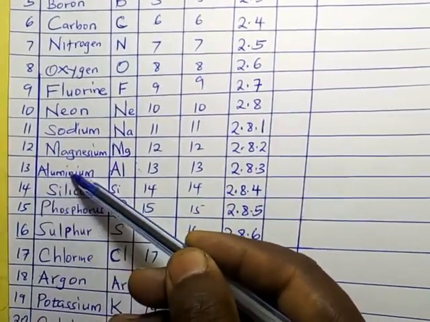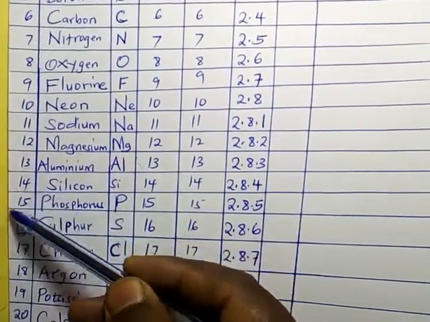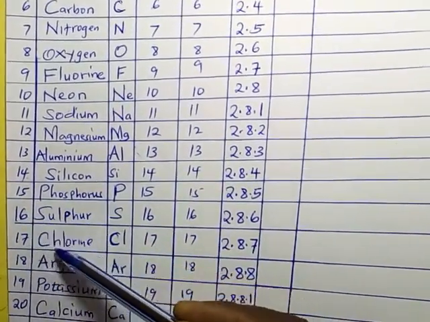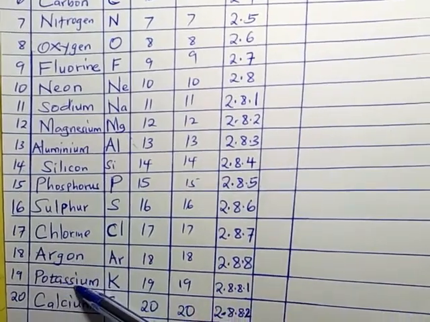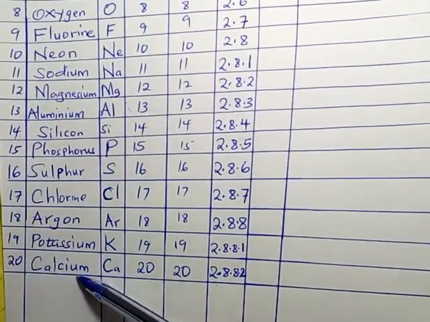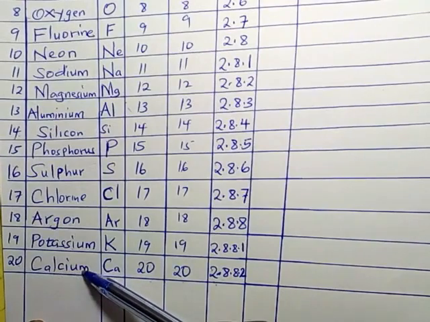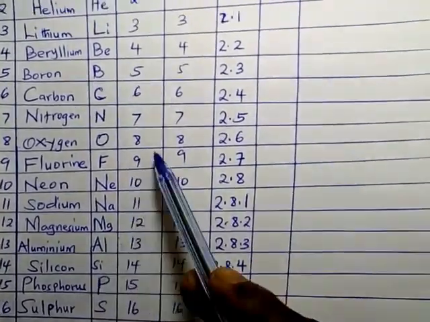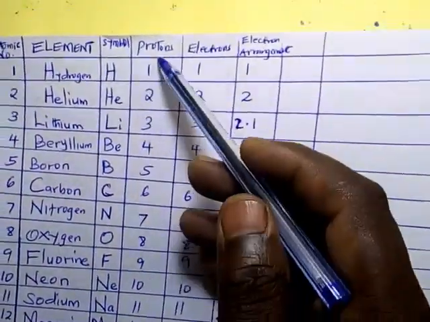Atomic number 13 is aluminium. Silicon is atomic number 14. Phosphorus is atomic number 15. Sulfur is atomic number 16. Chlorine, argon, potassium, and finally calcium, atomic number 20.